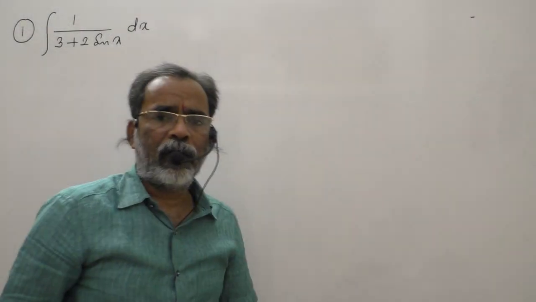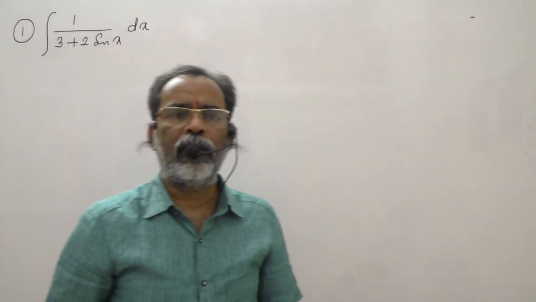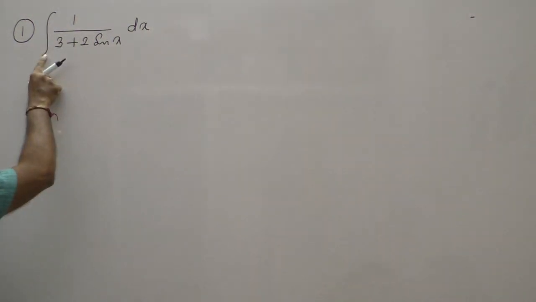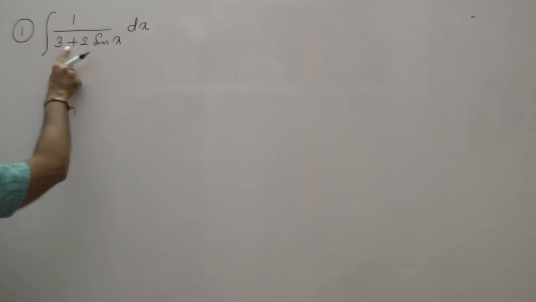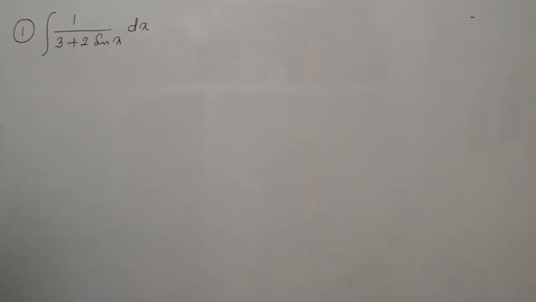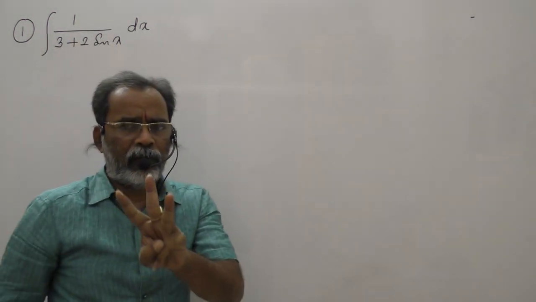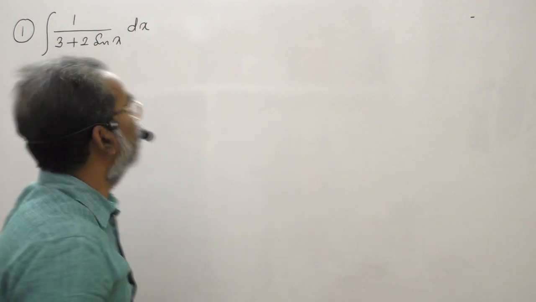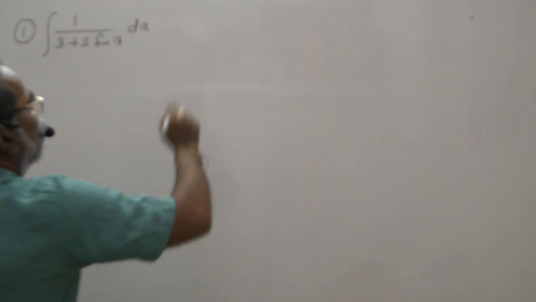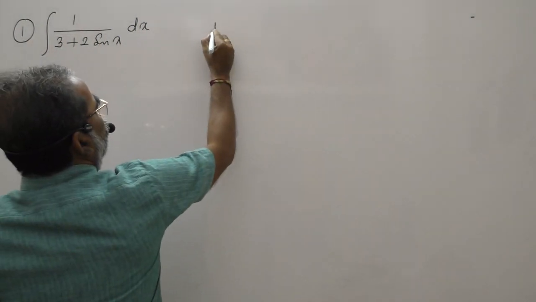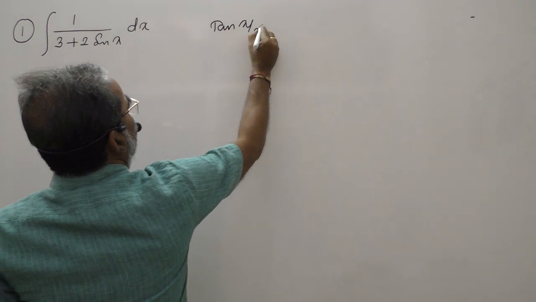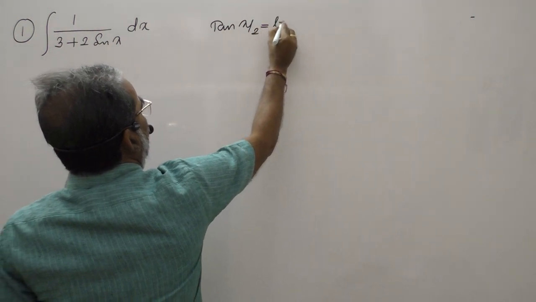Yes, we will discuss one example on this type 2. Here is the question: integral 1 divided by 3 plus 2 sin x. In type 2 there are 3 forms, and for all of them the procedure is the same. I will do this one. The substitution is tan x by 2 equal to t.